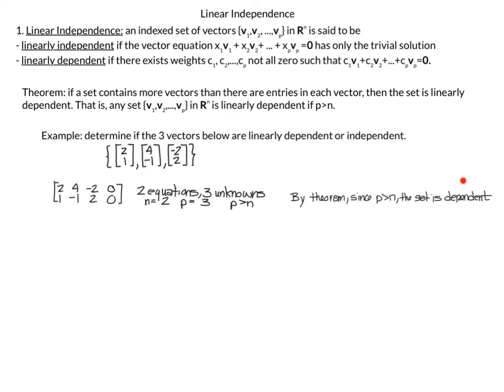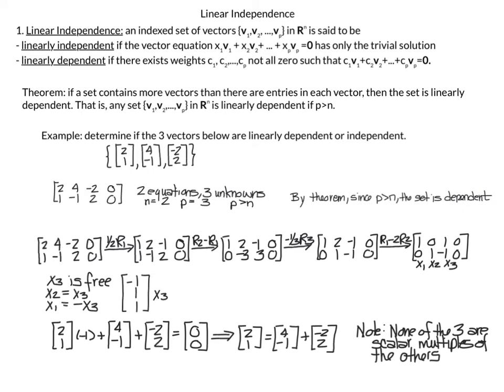So we have answered this question, and I summarized our answer up here because I want to show you how they are dependent. I took my matrix A here and row reduced it until I got 1, 0, 0, 1, 1, -1, 0, 0. So from here x3 is free, x2 is equal to x3, and x1 will be equal to -x3. So our solutions are of the form (-1, 1, 1) times x3.